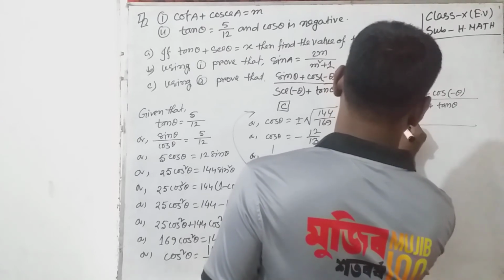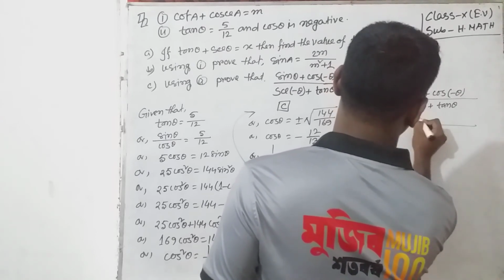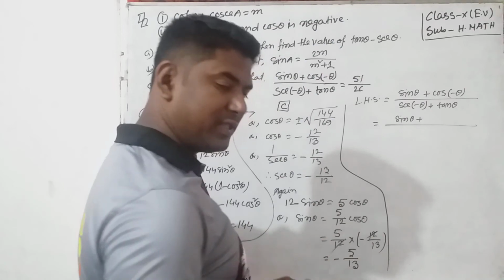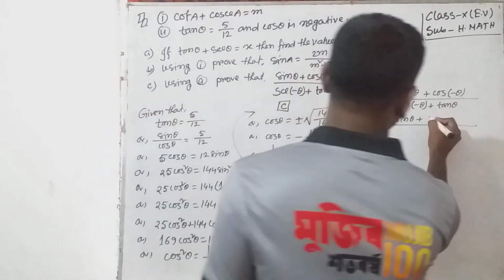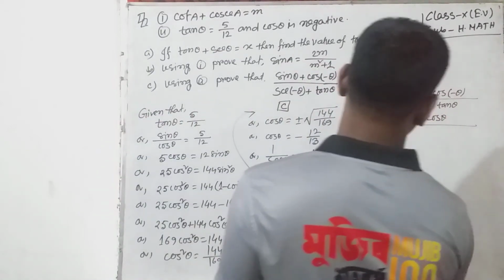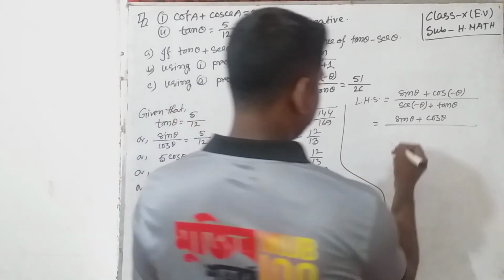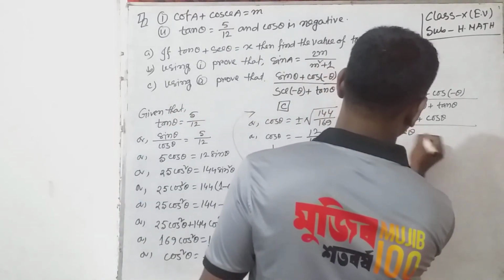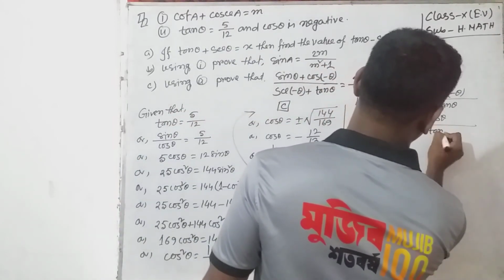We know cos minus theta will be cos theta, and sec minus theta will be sec theta, so sin theta plus cos theta and sec theta plus tan theta.